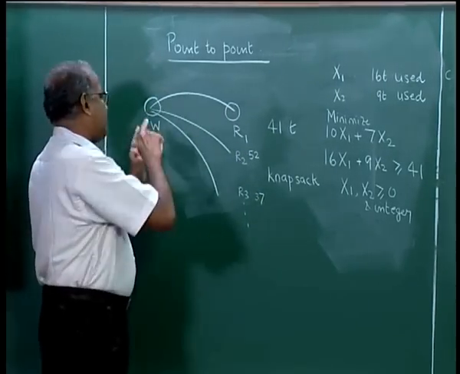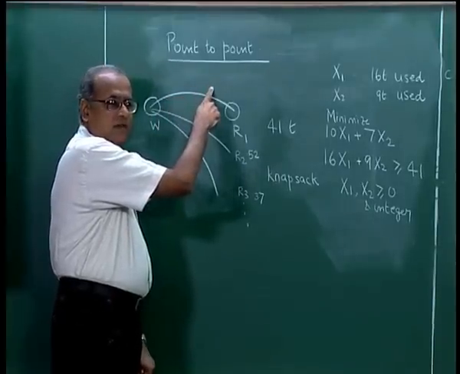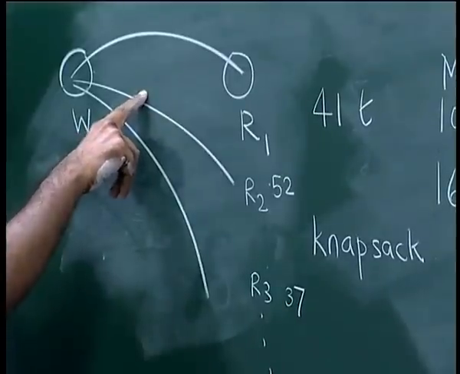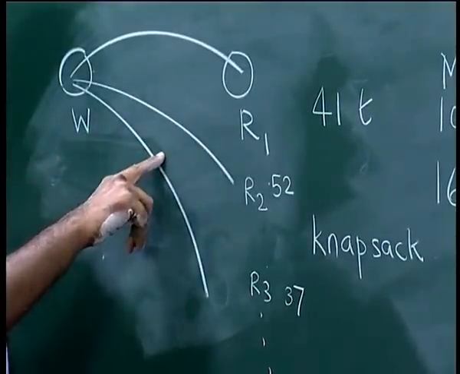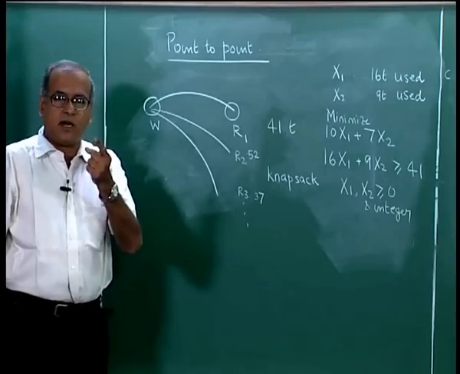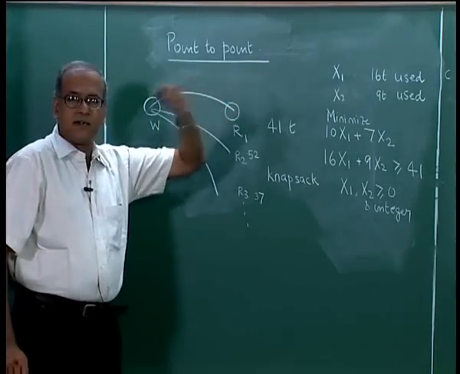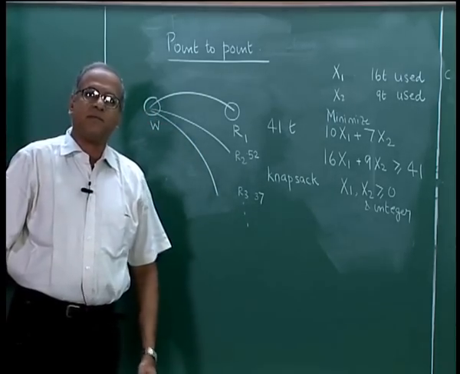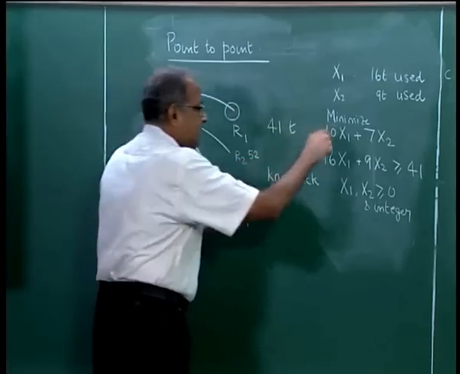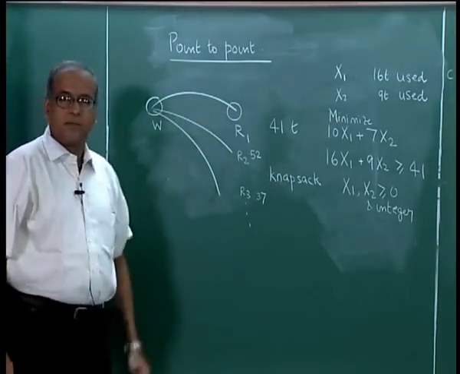So, again we may have to define x11 and x12 as the number of trucks of 16 ton and 9 ton, x21 and x22, x31 and x32 and so on. As long as there is no availability restriction on the number of 16 ton trucks and the 9 ton trucks, the problem can be separated into several single constrained knapsack problems, one for each arc.